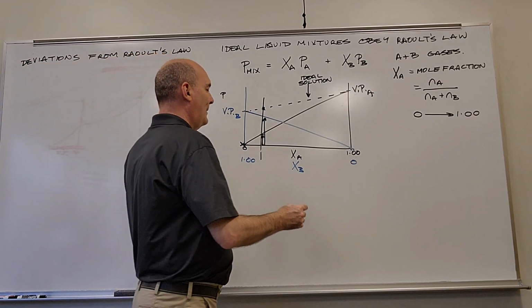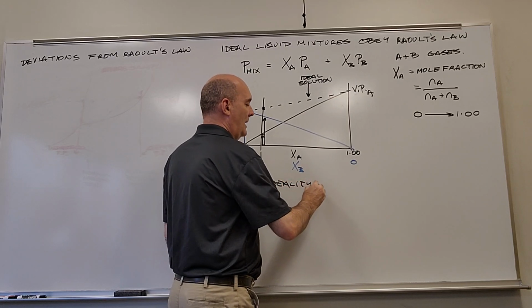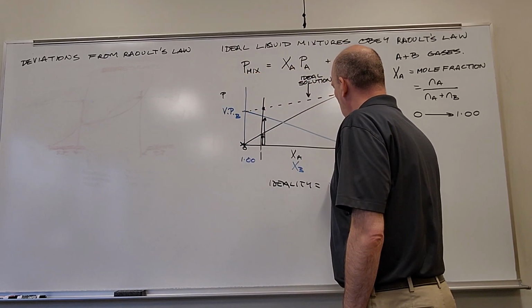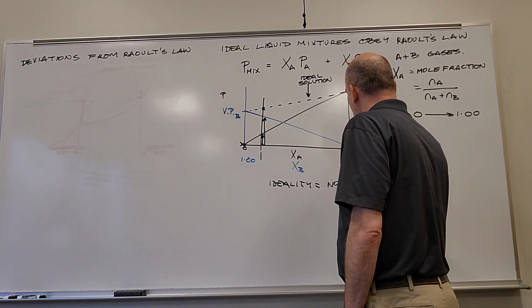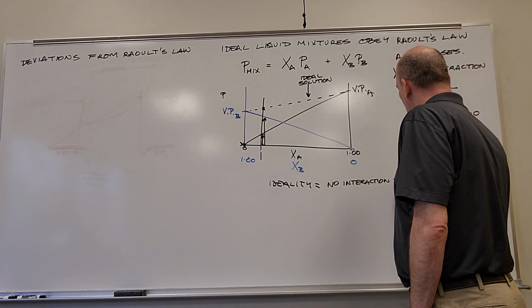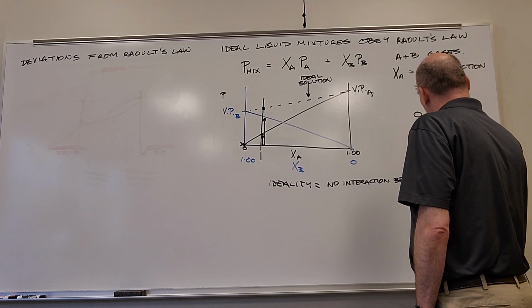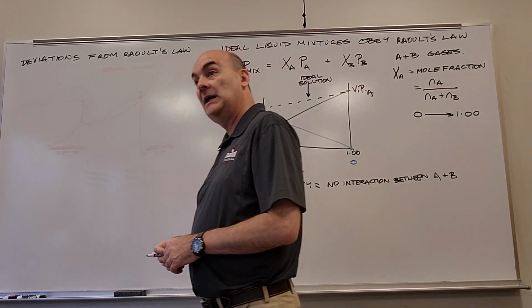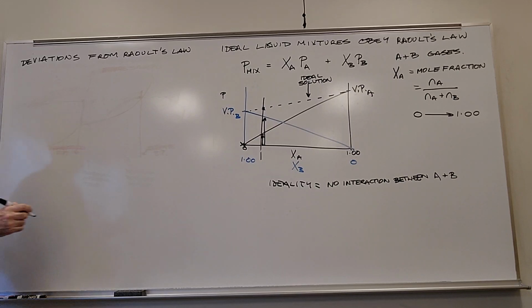Ideal solutions happen when ideality means that there is no interaction between component A and component B. Yes, they occupy the same space. Yes, they are soluble or miscible because they're both liquids. We use the word miscible, not soluble, for liquids.